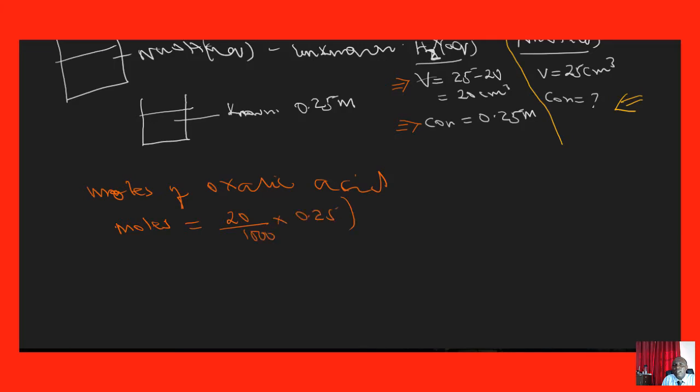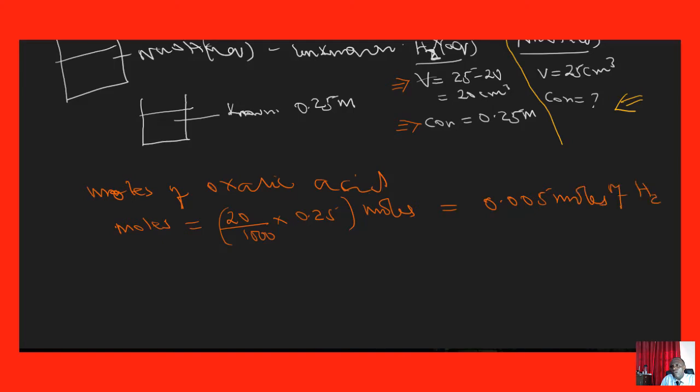So 20 multiplied by 0.25, then divided by 1,000, and we get 0.005 moles of oxalic acid.